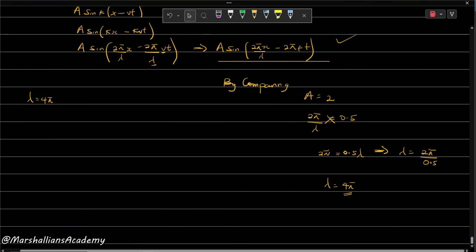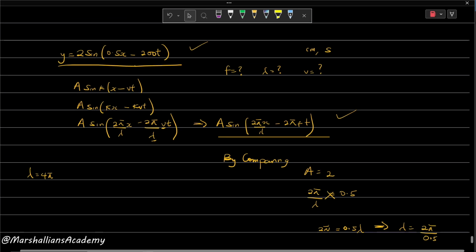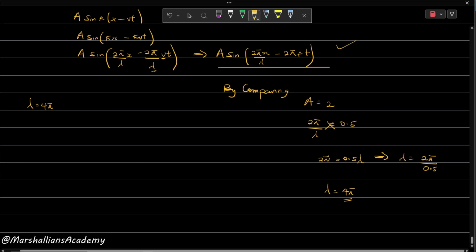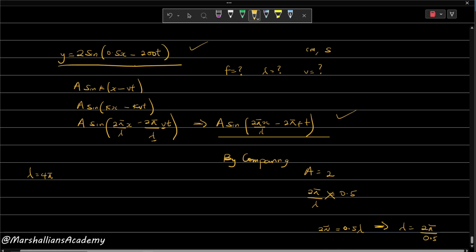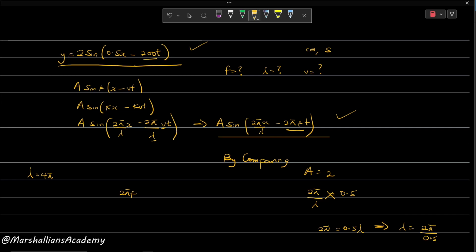Frequency. Now come back here. See, by comparing, we know that 2 pi f, see it here, this 2 pi f has to be equal to this 200. Just by comparing.